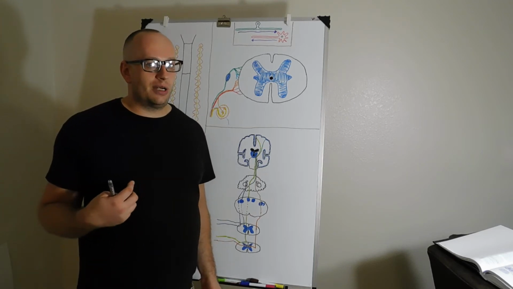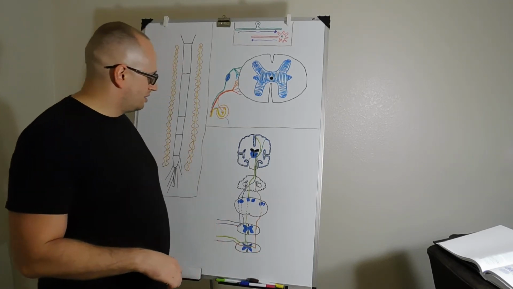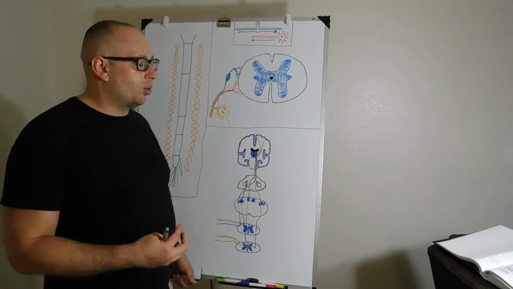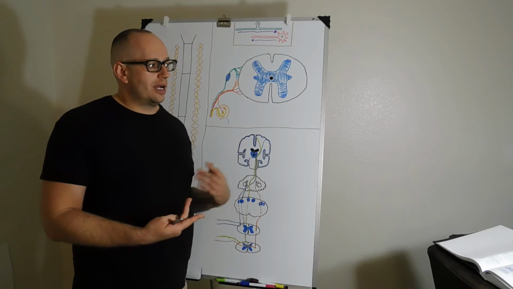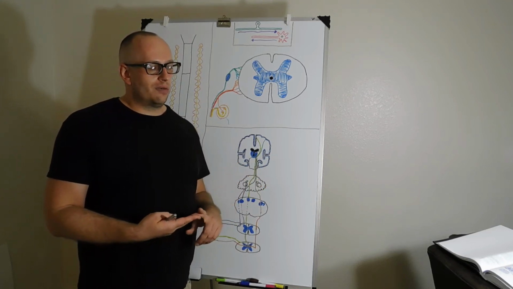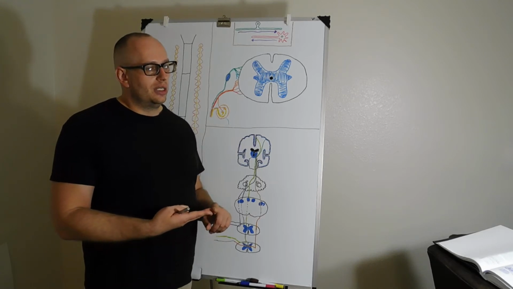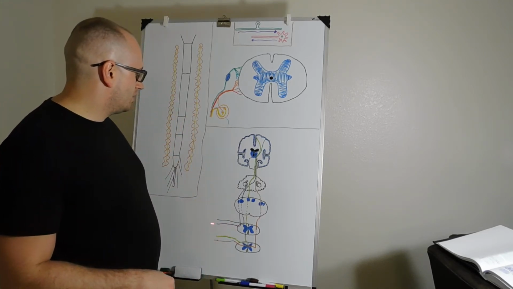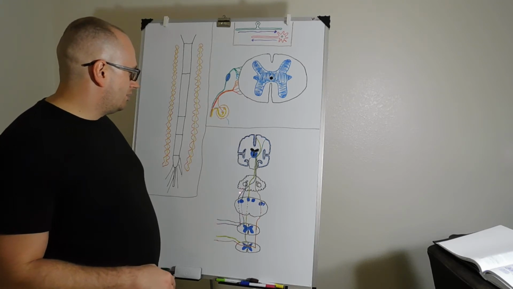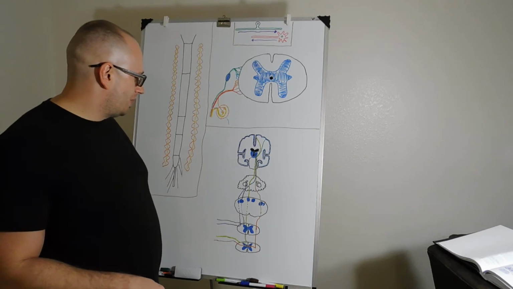Like if you get bit by a bug, those kinds of things are causing chemical messages to go up. Or other examples are like angina, though I guess those are mediated by the autonomic nervous system. Pressure, like your baroreceptors, or lactate in your muscles, are sending a signal up through the spinothalamic tract.